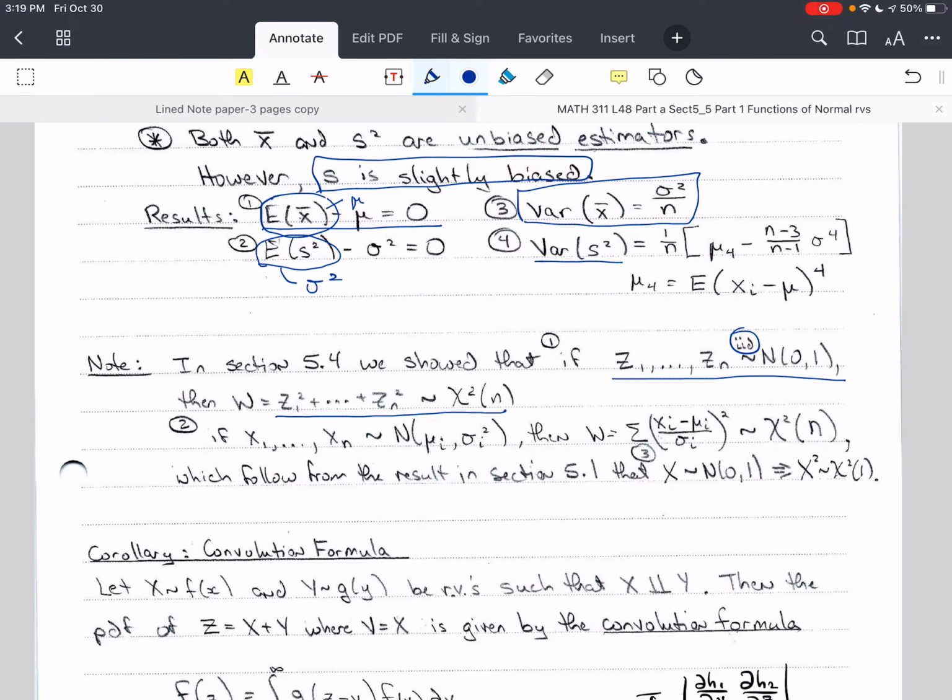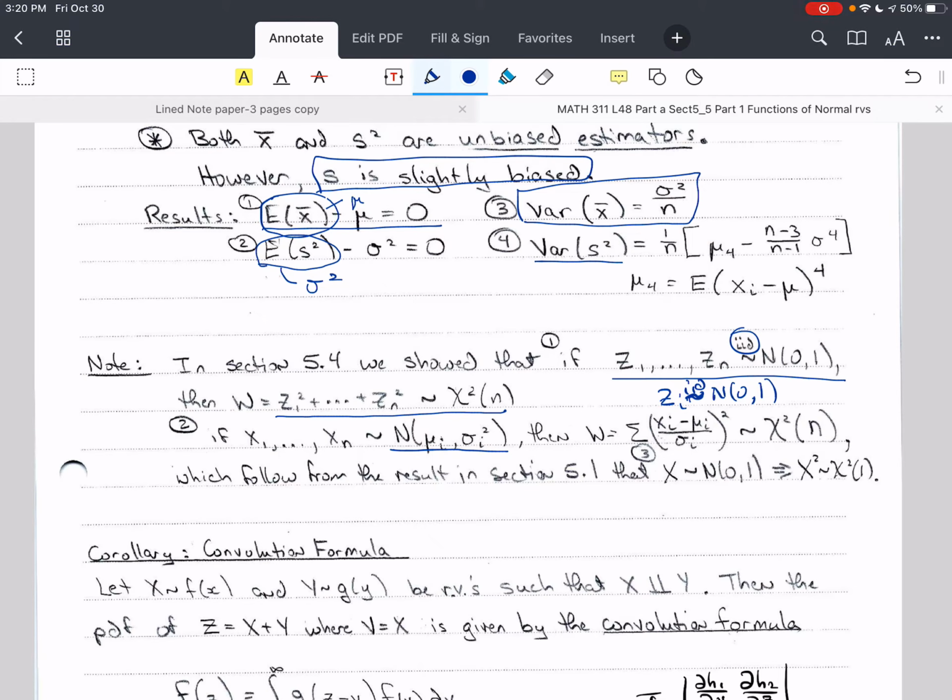Similarly, if we go back from a standard normal to the regular normal that are not IID, but have different means, different variances, and then we make a transformation called a Z transformation, so we take Xi minus mu i divided by sigma i, then this becomes Zi, and they're IID standard normal.